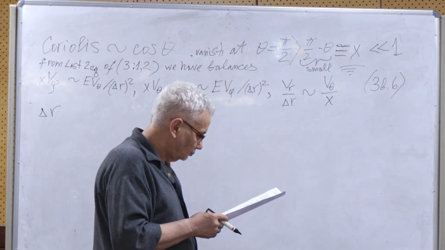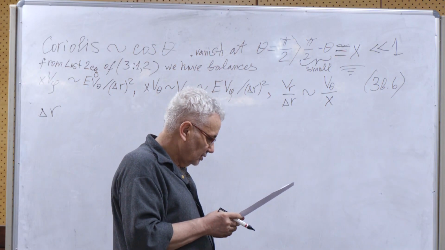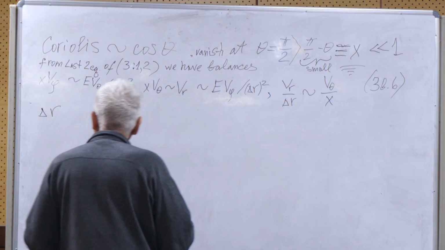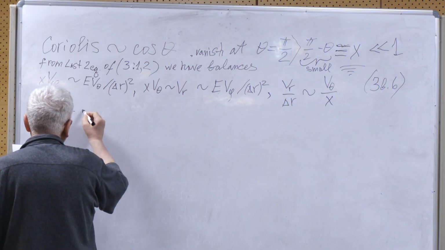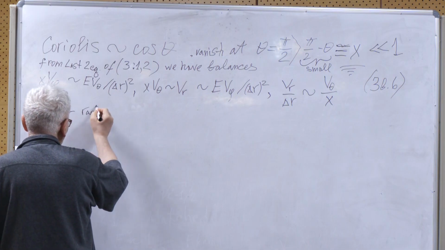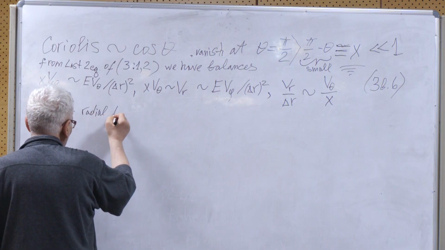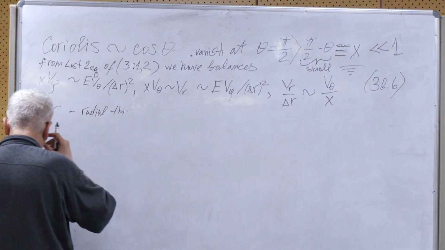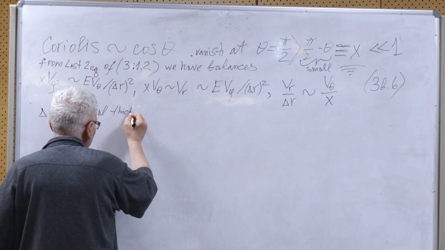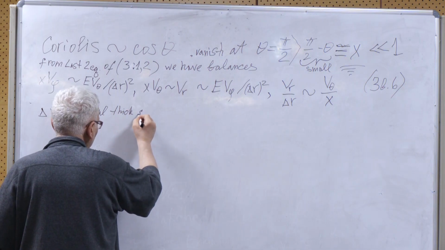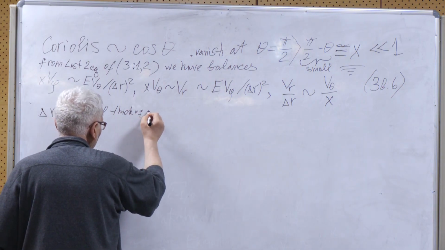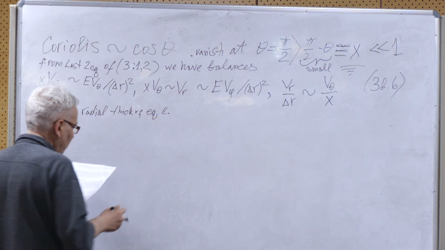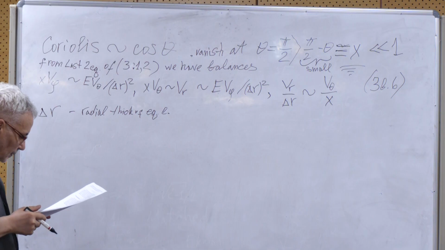So here delta is the radial thickness of the equatorial layer.